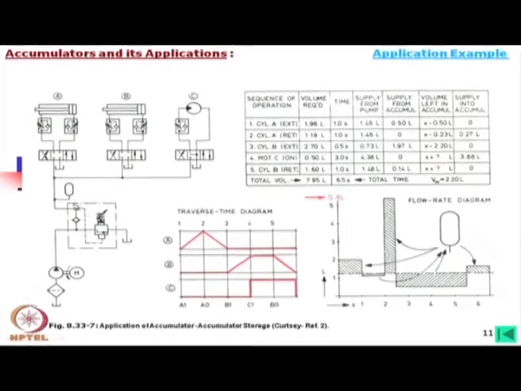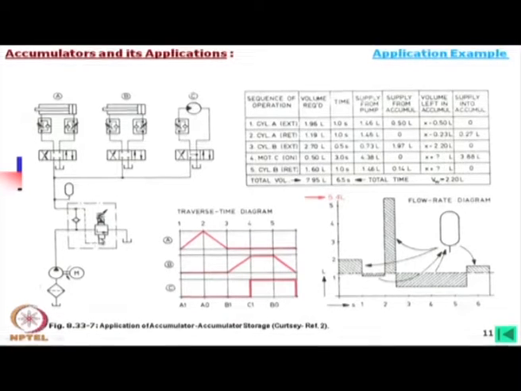We put the accumulator over here. This non-return line is there, because from the accumulator oil should never come to the pump side. Oil from here can directly go to the system. We do not need any other valve there, because whenever excess oil is there, first this will be filled, and when it is completely filled, then the oil goes through this relief valve.